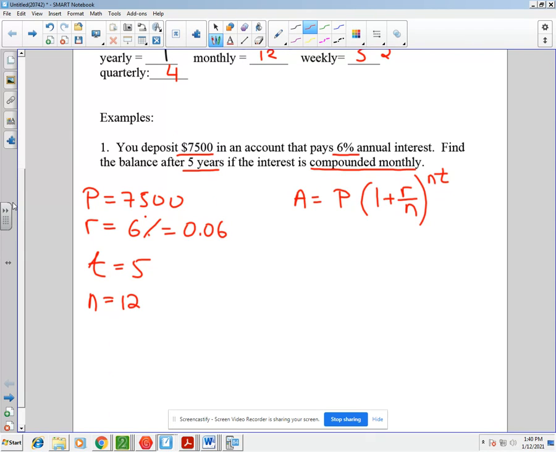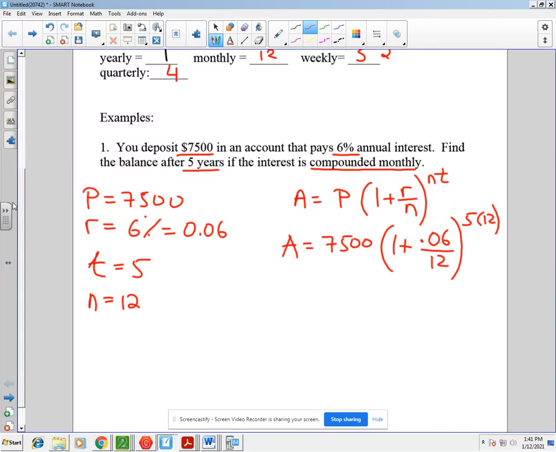So now let's substitute. A equals 7,500 times 1 plus 0.06 divided by 12, and everything raised to 5 times 12. All I'm doing is substituting.